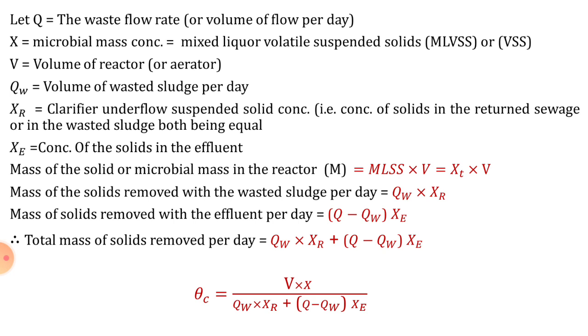Because of that, we can calculate M, that is the mass of solids or microbial mass in the reactor, by using the formula MLSS into V, where MLSS is nothing but XT, so XT into V. The mass of solids removed with the wasted sludge per day can be calculated by using the formula QW into XR. While the mass of solids removed with the effluent per day will be Q minus QW into XE.